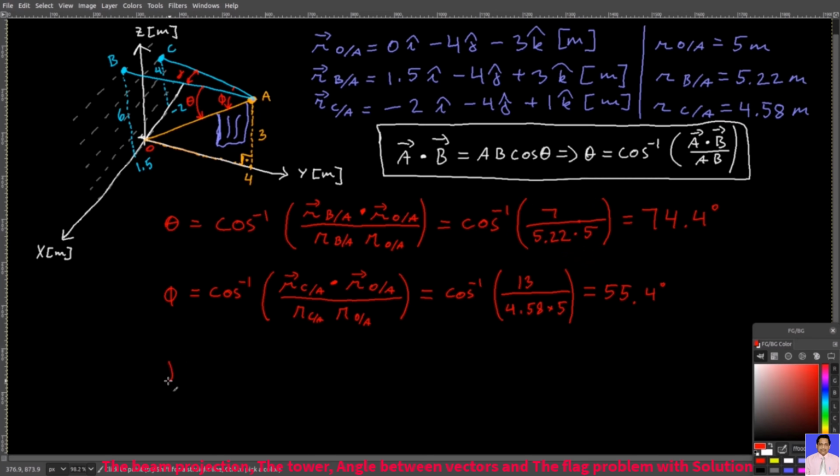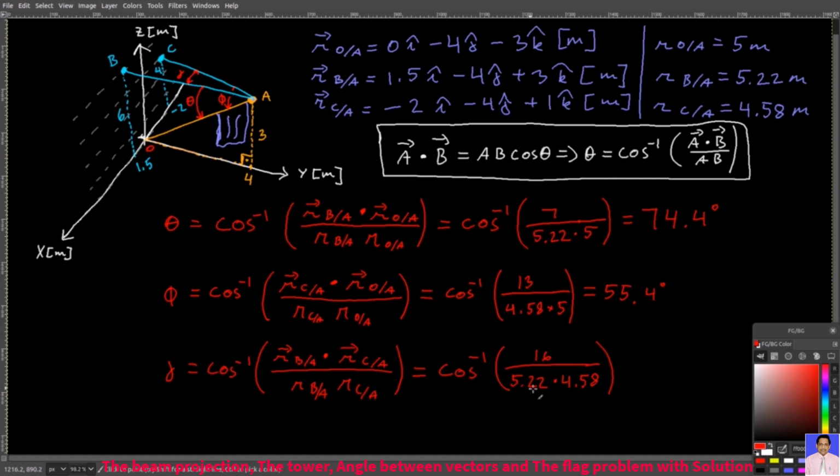And then finally, gamma equals cosine inverse. Now you dot these two vectors, RB with respect to A and RC with respect to A, and then you multiply together their magnitudes, and so you will have this ratio, and that will give you 48 degrees. So in order to calculate gamma, you have to take the dot product of these two vectors.